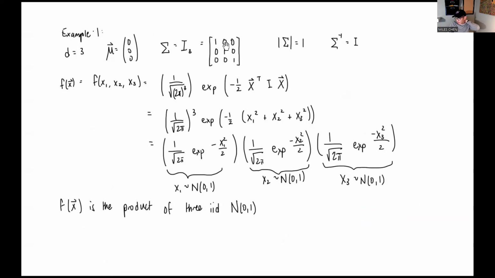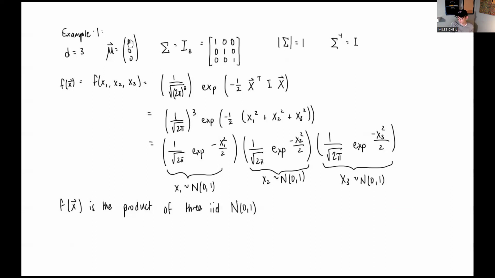If your sigma matrix is the identity matrix, then we have no covariance between our x variables. x1, x2, and x3 are all independent of each other, right? Covariance between x1 and x2 is 0. Covariance between x1 and x3 is 0, and covariance between x2 and x3 is 0. Then this will boil down to 3 univariate PDFs that can be multiplied together, okay?